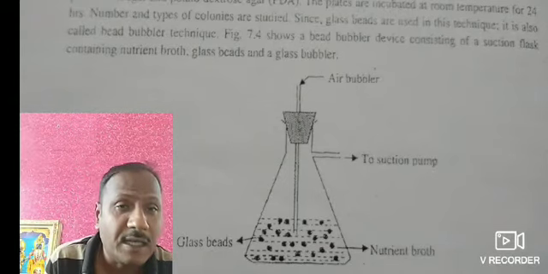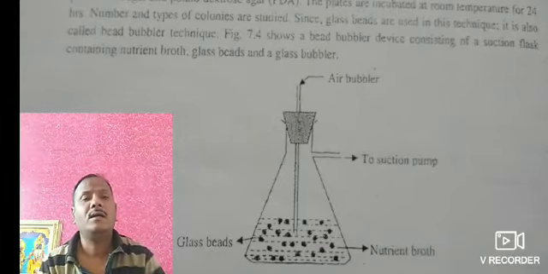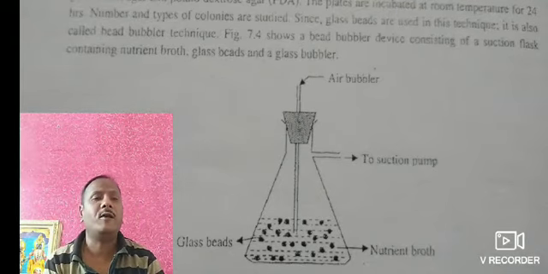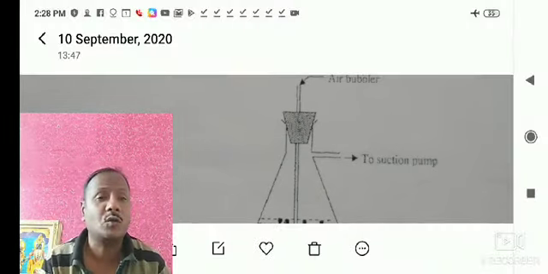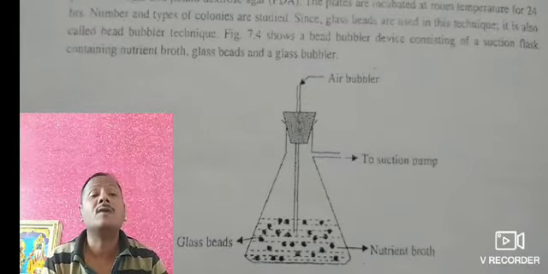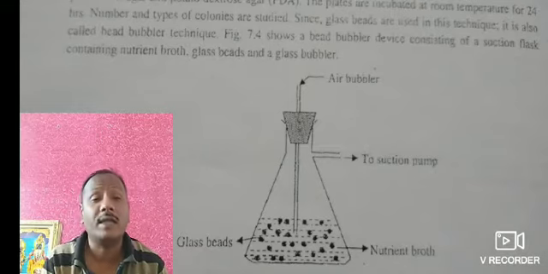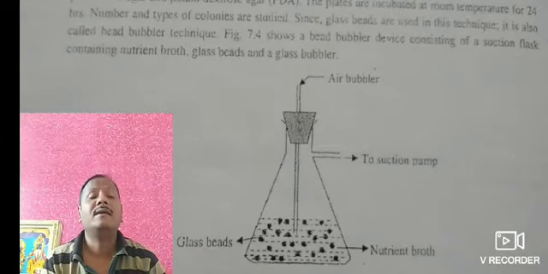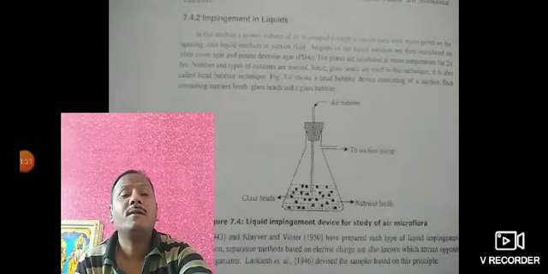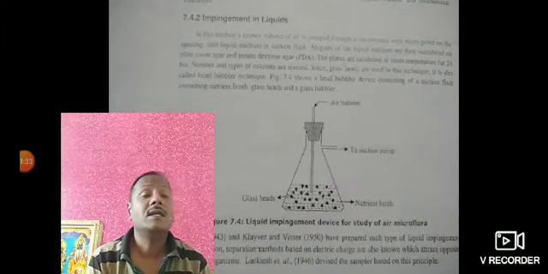So how can we identify them? You have to take a loopful of suspension of that liquid on a glass slide and observe it under the microscope. Under the microscope we can observe the microorganisms, which indicates the presence of microorganisms in the liquid medium.